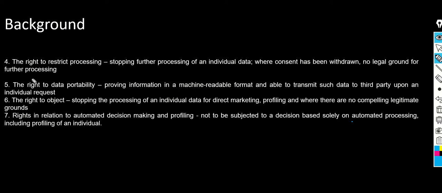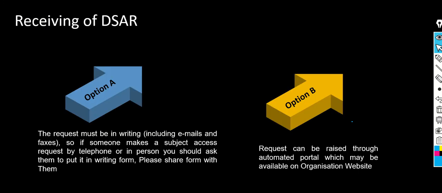Now we understand that several rights have been given by various privacy regulations to users or individuals. How would this be implemented in the organization? To implement this, we need a proper process through which an individual can raise a request.